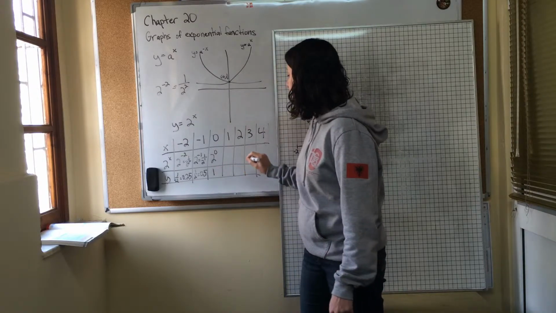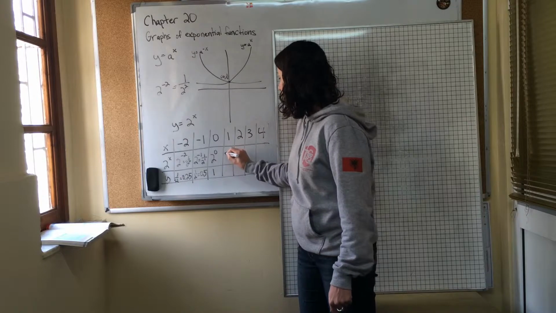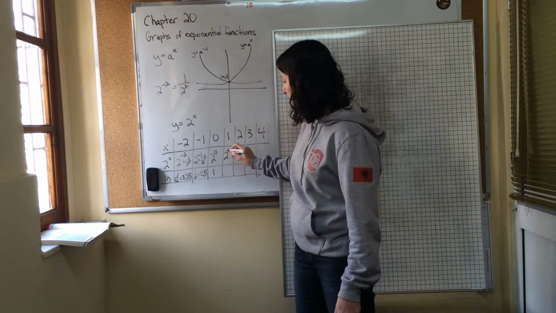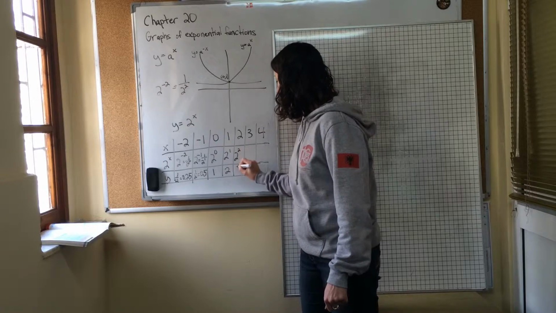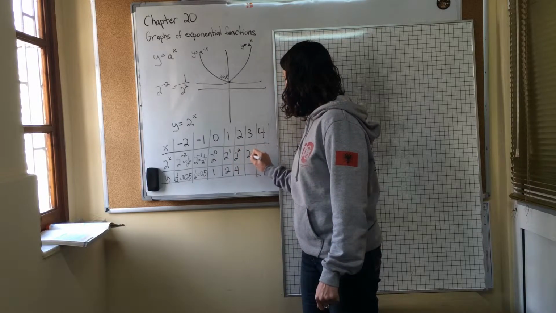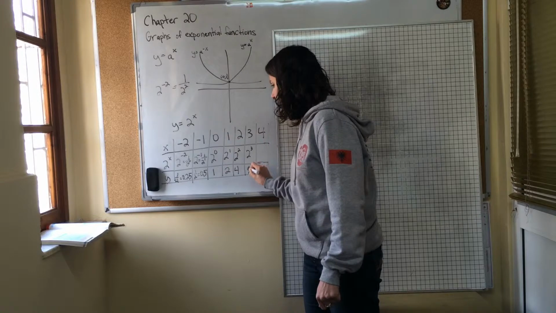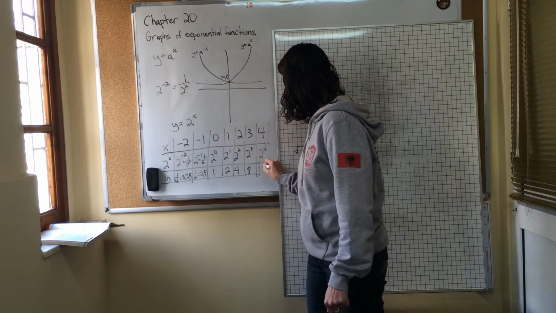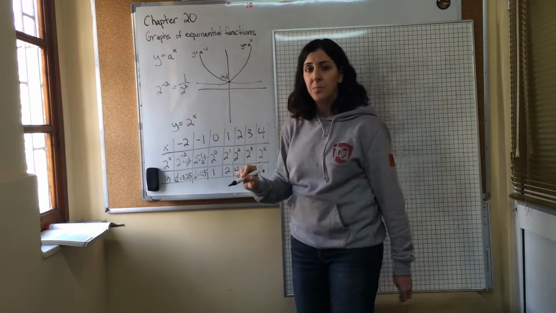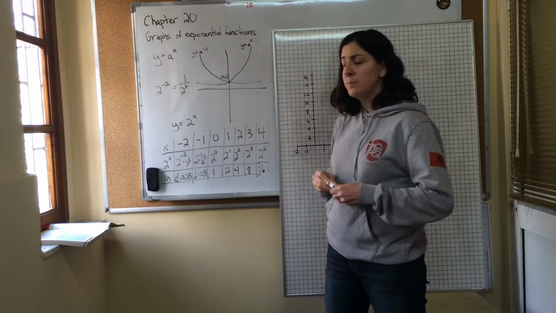So this is going to be 1. 2 to the 1 power is 2. 2 squared is 4. 2 cubed is 8. And 2 to the 4th is 16. So these are the points that we found to plot.